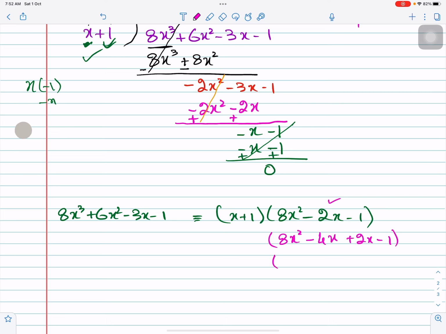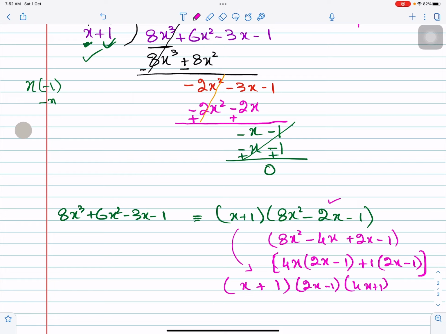I'm not explaining the method of factorization here, because at this level I believe you know it already, right? So I'm just factorizing it. So you get here 2x minus 1, 4x plus 1, and the other factor was already here, that is x plus 1. So I hope you understood this question. You have factorized it completely.